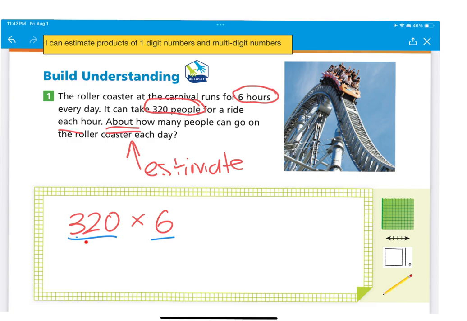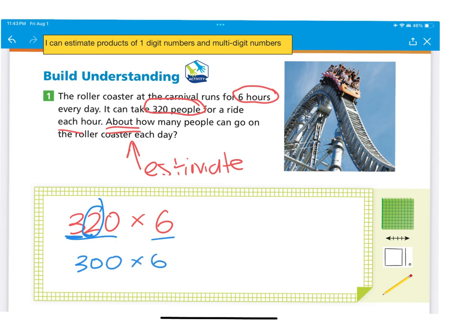320, not so easy. So I am going to round 320 to the nearest 100, and let's see what we get. So looking at 320, I go to my hundreds place and I have a 3. I go next door, there is a 2. That means that I'm going to round this down. So this turns into 300 times 6.